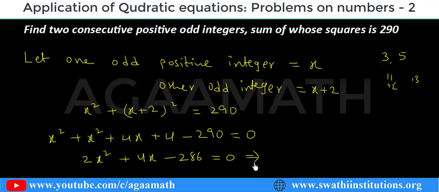Now here, each term I can divide by 2. When I divide each term by 2, I get x square plus 2x minus 143 equals 0.